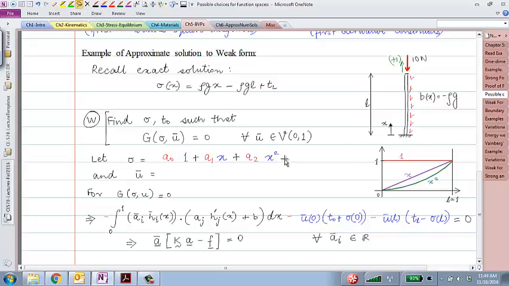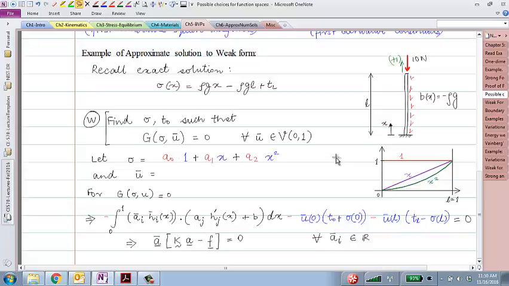Okay, and you can keep on adding more terms if you want, but essentially by doing this, I'm saying I don't know what the stress function is going to be, but let me assume it's some linear combination of these three specific functions.